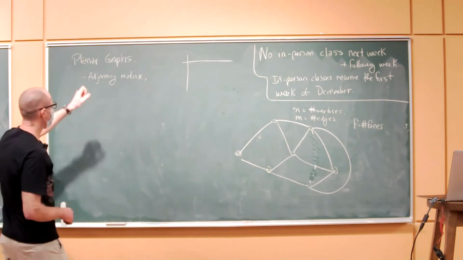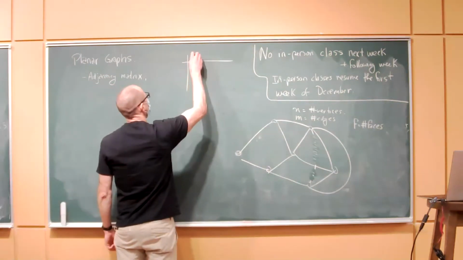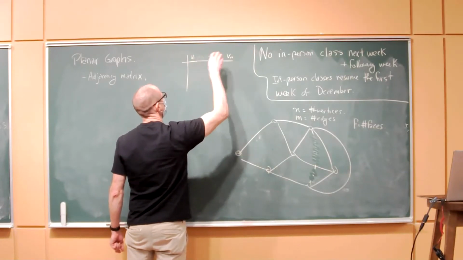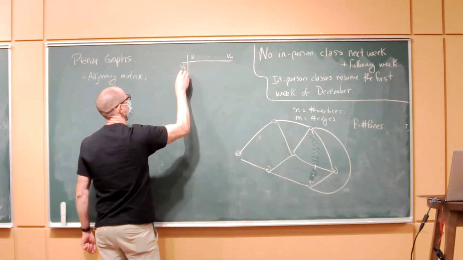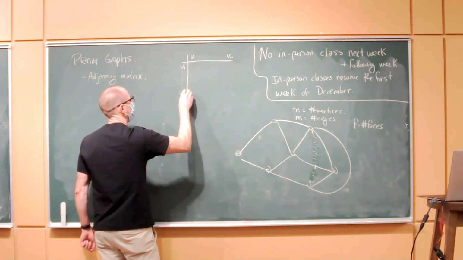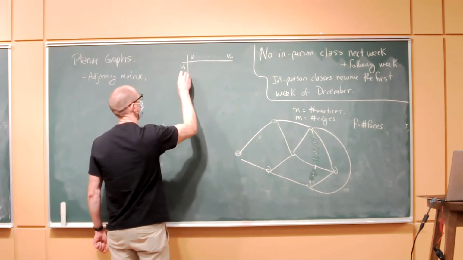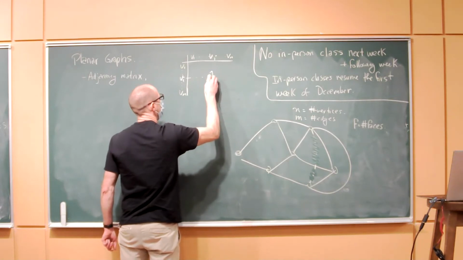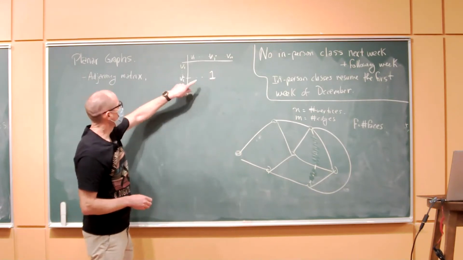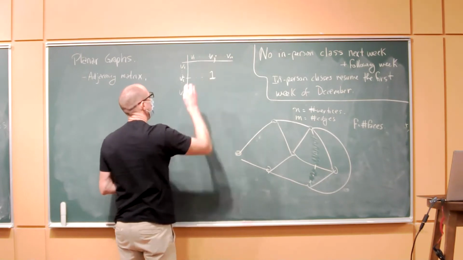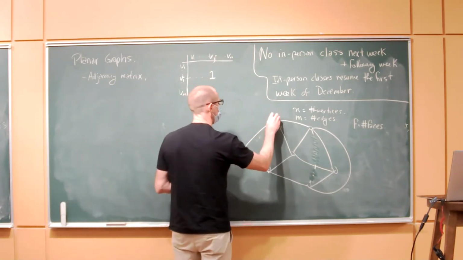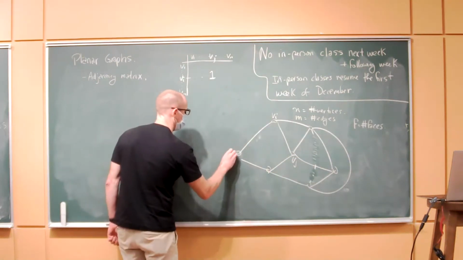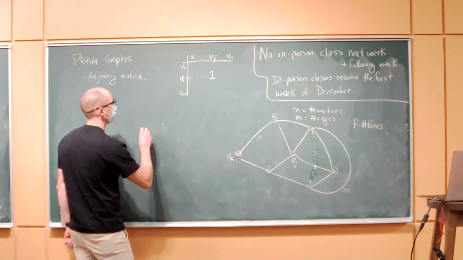Okay, so an adjacency matrix, basically it's a matrix indexed by the vertices on both the rows and the columns. And you put a 1 in the matrix at position ij if there is an edge from vi to vj, and you put a 0 in the matrix otherwise.